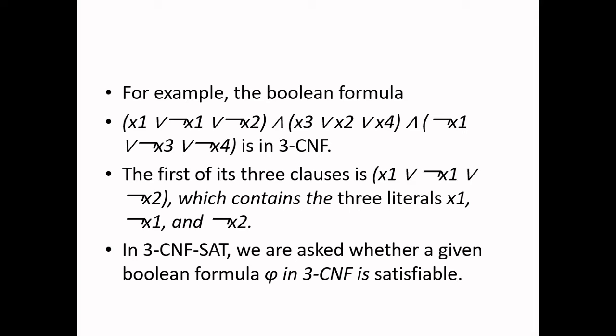The first of its 3 clauses is x1 or negation x1 or negation x2, which contains 3 literals: x1, negation x1 and negation x2. It should have 3 distinct literals. So in 3 CNF SAT we are asked whether a given Boolean formula phi in 3 CNF is satisfiable. That is the 3 CNF SAT.